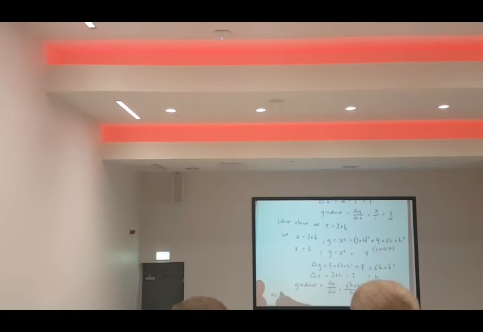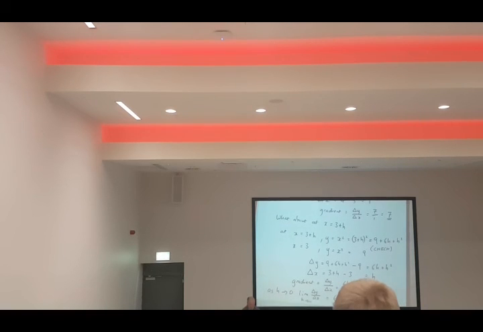As h tends to 0, the limit of delta y over delta x is 6. So that is the gradient of the line at 3.